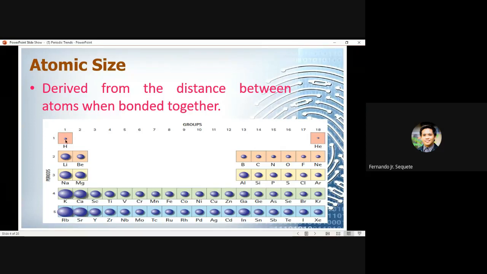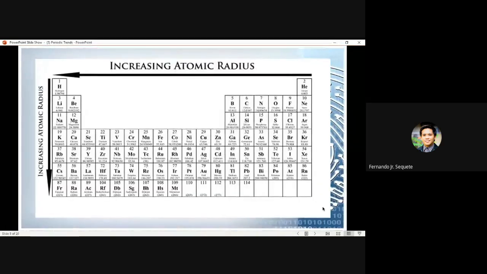Kasi on this side, maliit sa top, malaki sa bottom. Sa number 18 naman na side, maliit hanggang lumaki. Therefore, top to bottom, nag-increase ang atomic size or atomic radius. Pero kung magsisimula tayo sa opposite side, sa bottom hanggang sa top, anong mangyayari sa ating atomic size or atomic radius?